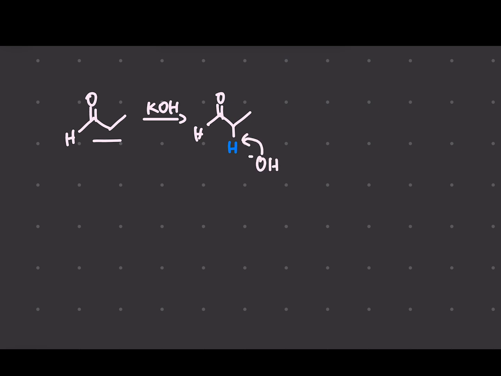It's going to take that alpha hydrogen, and this is going to generate an enolate ion, like so.